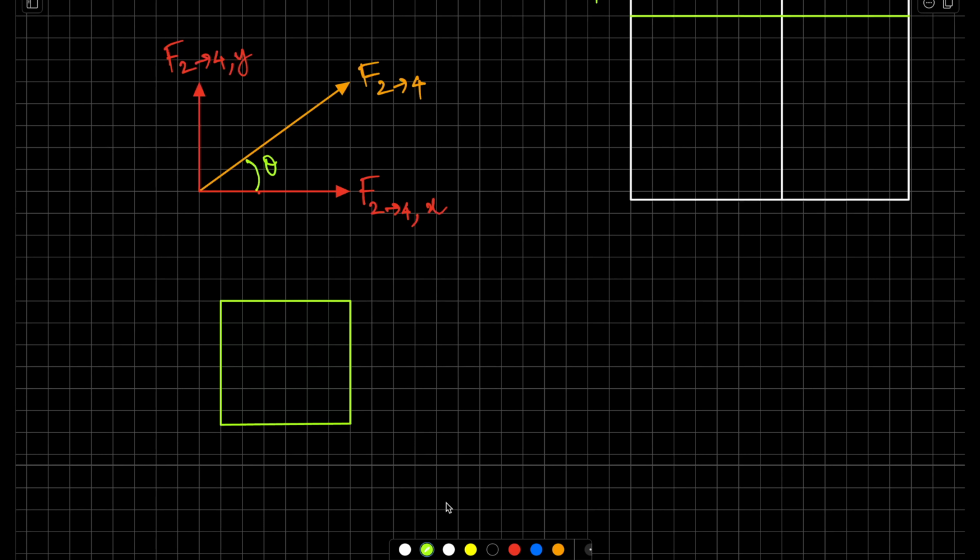And our force F2 on 4 is in this direction, right? That's my vector F2 on 4. And I'm going to draw the components here.